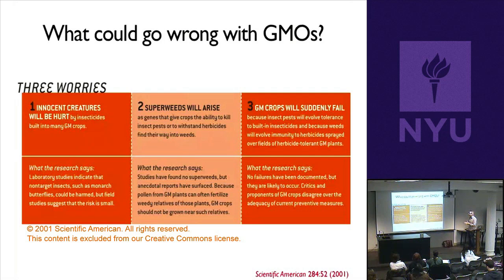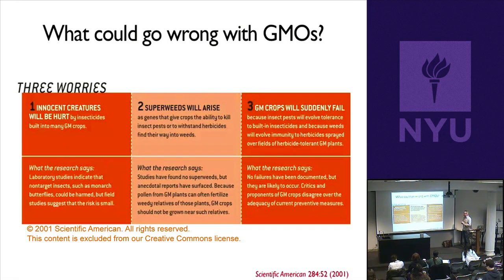The first worry was that innocent creatures might be hurt by insecticides built into genetically modified crops. And there what they're talking about is the Bt toxin, which I talked about in last lecture. The idea that every cell of a plant is making this toxin that originally comes from bacteria. It's a very potent toxin that kills many different types of insects.